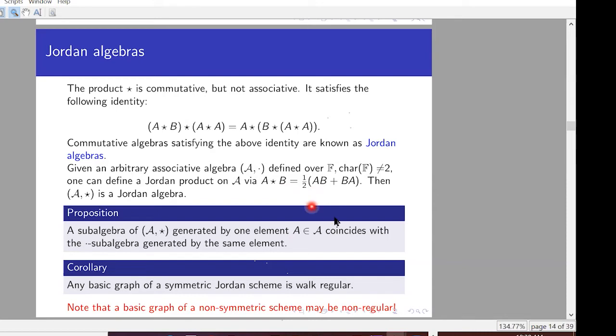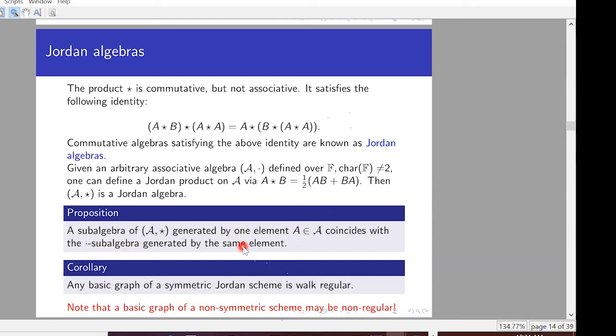And if you take the Jordan subalgebra generated by this element, it will be the same as the usual subalgebra generated by this element. So it generates an associative subalgebra, and we can use it in order to look at the properties of Jordan schemes.